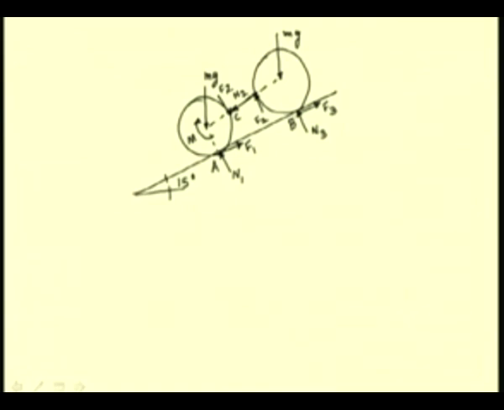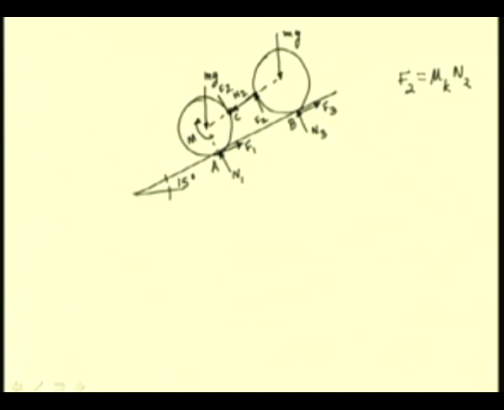We can sum the moments about this point B in order to determine this normal reaction N2, and this frictional force F2 is related to this normal force by the kinetic coefficient of friction, because here slippage is happening and they are in constant motion.